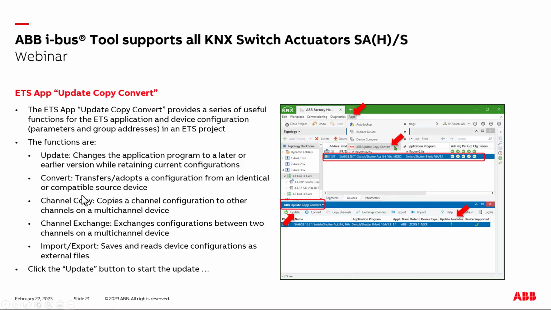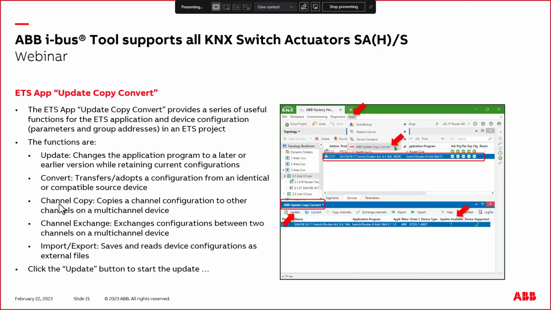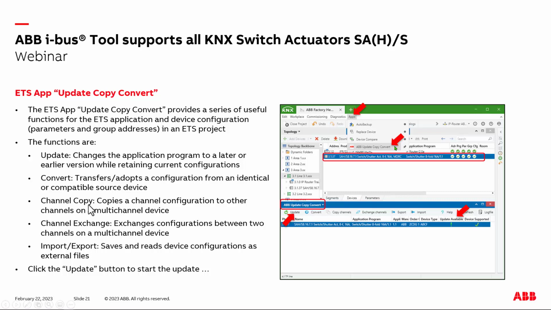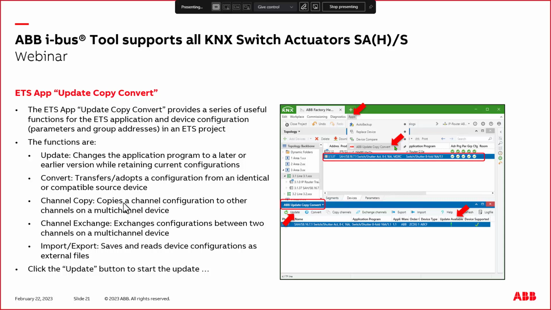Or we can copy channels: you set the settings of one channel, and then copy these settings of channel A to your channels B, C, F, H, and so on, including group addresses or without group addresses. Or you can exchange the parameter settings of channels, with group addresses or not. So it's a very nice tool which really helps you to have more functionality with our actuators.